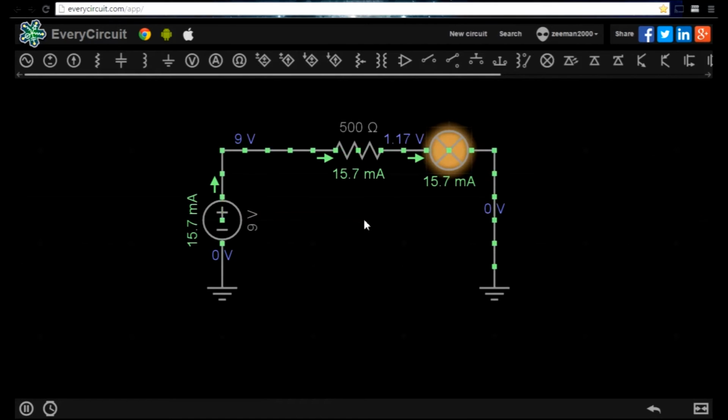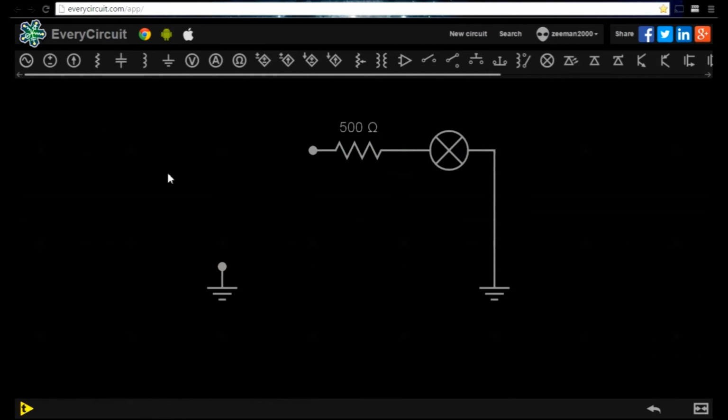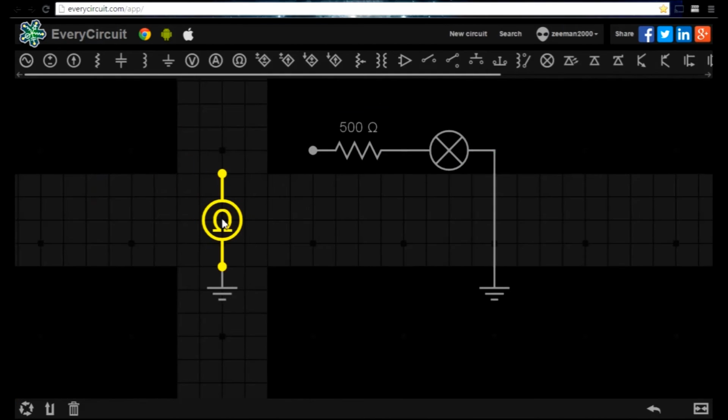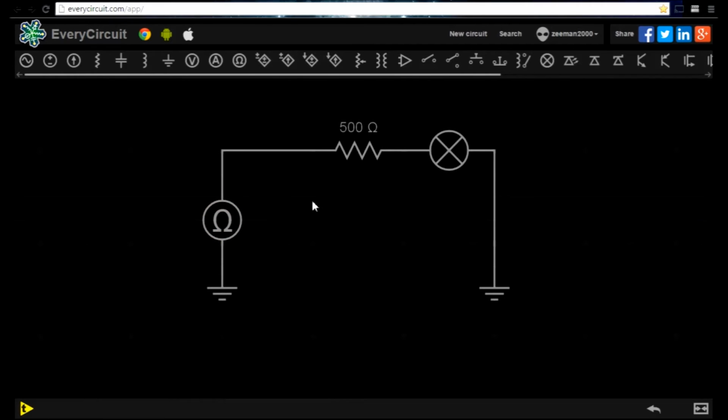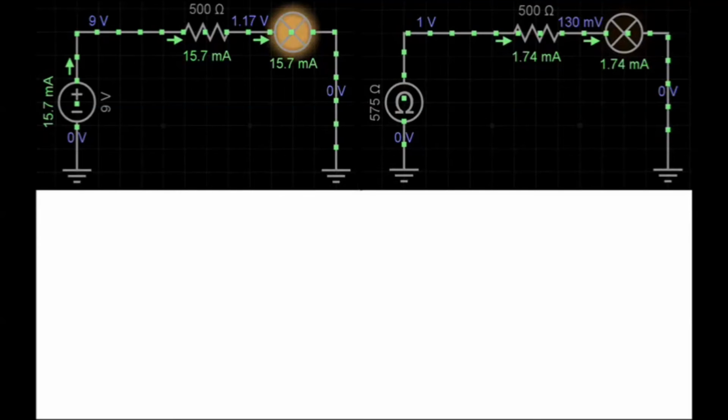Let's replace the power supply with the ohmmeter in order to find the total resistance on the circuit. As we can see, the total resistance on the circuit is 575 ohms. We can now calculate power dissipated by using the following formula: voltage squared divided by total resistance.